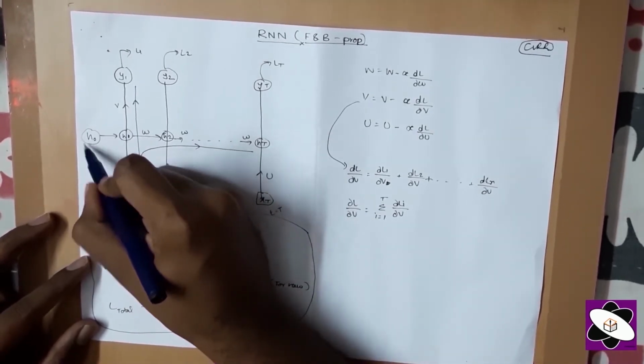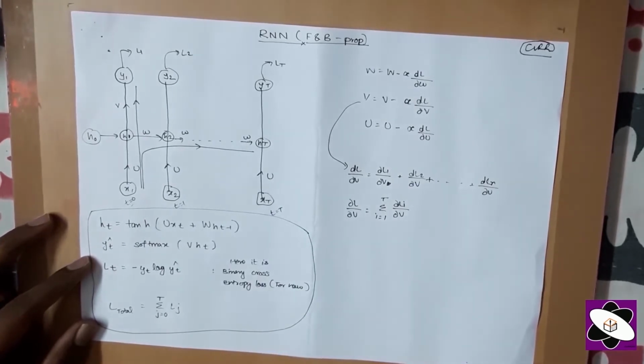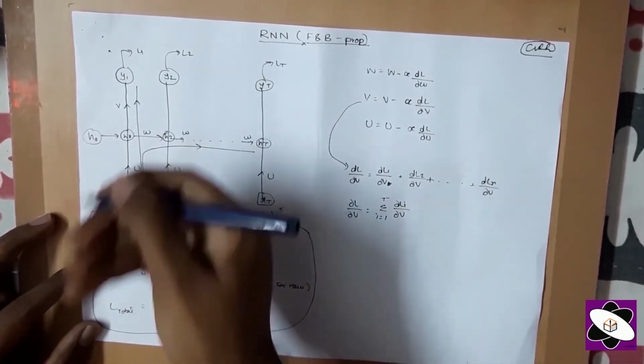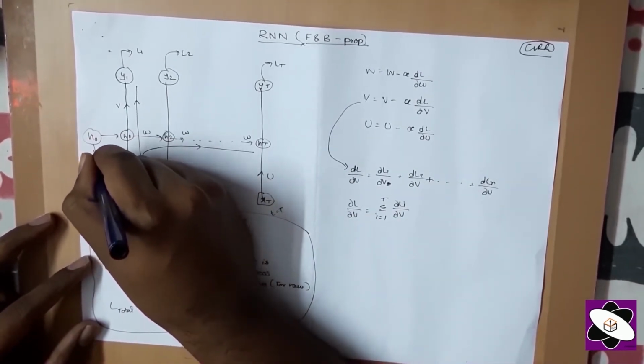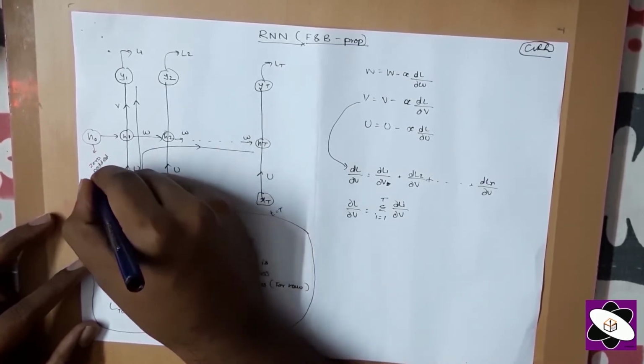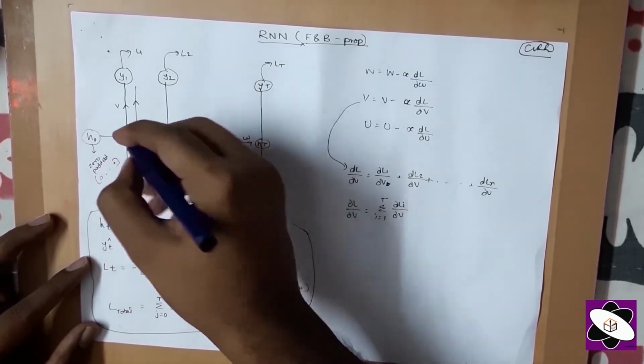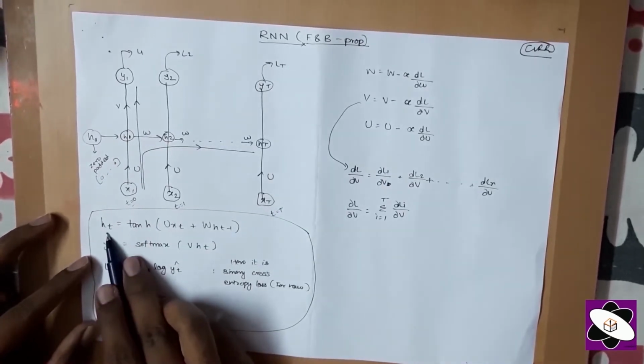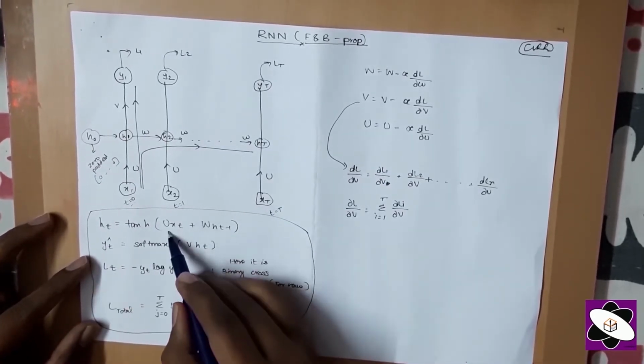Actually this is h0, the 0th one. This we can just give as a 0 padded vector because initially we are initializing something. So h1 here, as you can see, ht is tanh of Uxt.